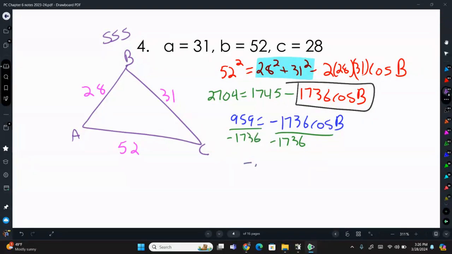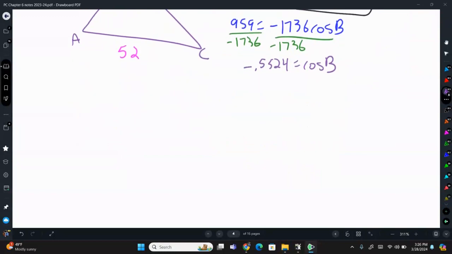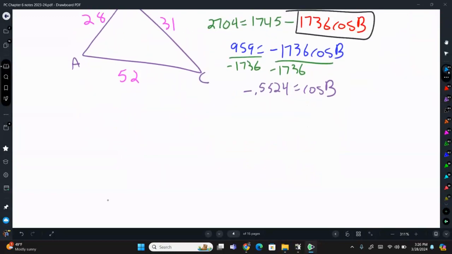So negative 0.5524 equals the cosine of B. So then we have to do the inverse cosine of negative 0.5524. And we get 123.53 degrees.